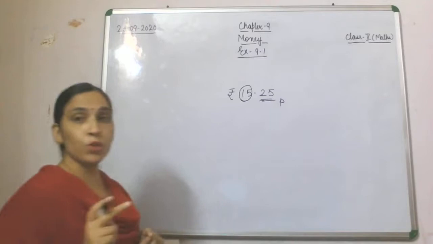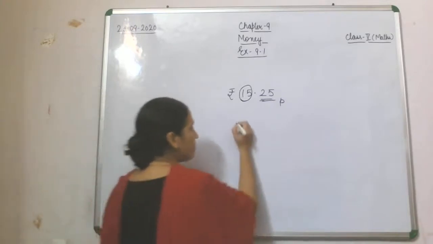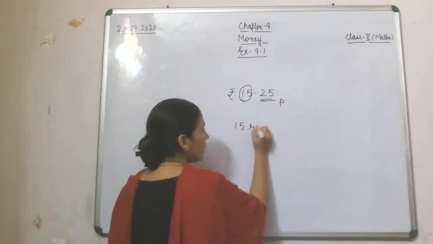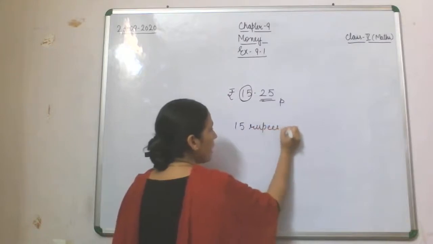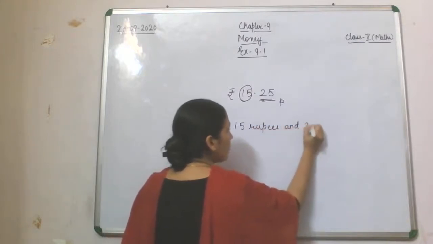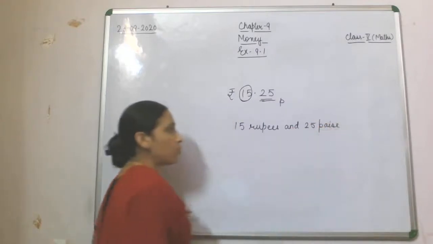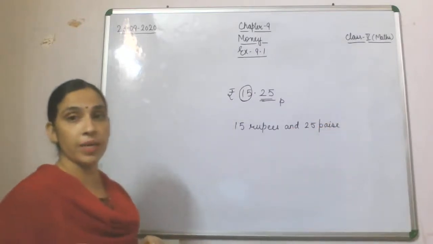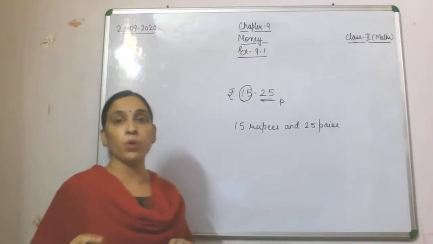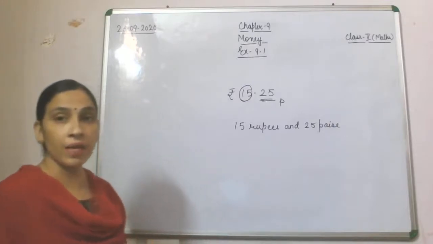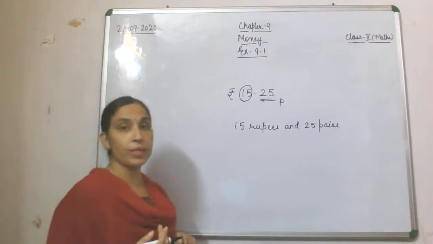And if you are supposed to write it in words, you will write 15 rupees and 25 paise. Yesterday I told you that when one is there, we call it paisa because that is singular, and when more than one is there, we call it paise.